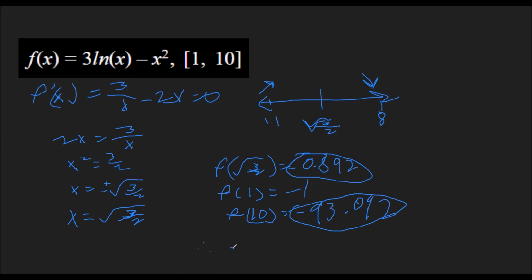So we can say absolute max at root 3 over 2, negative 0.892. Absolute min at 10, negative 93.092.